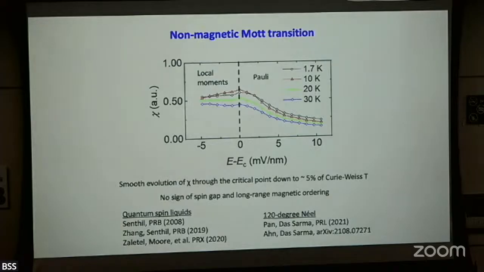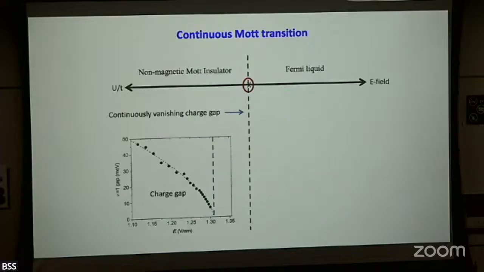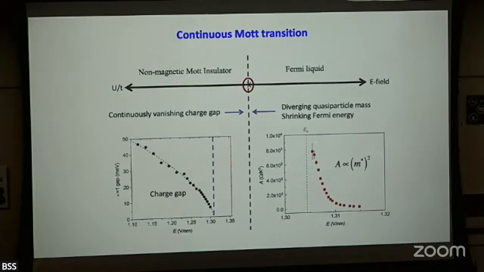If you compare the coefficient of the T squared term and the semi-liquid, could you compare them and see? If one is density of states and the T squared one is linear in density. You're talking about this coefficient, right? This is m star and the other one should be n.